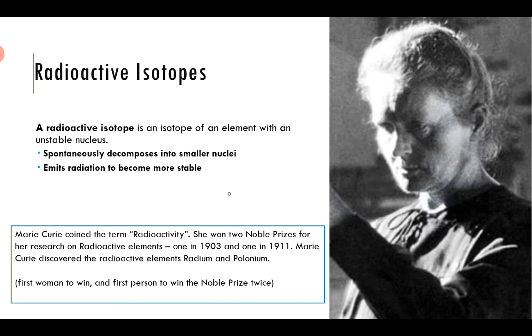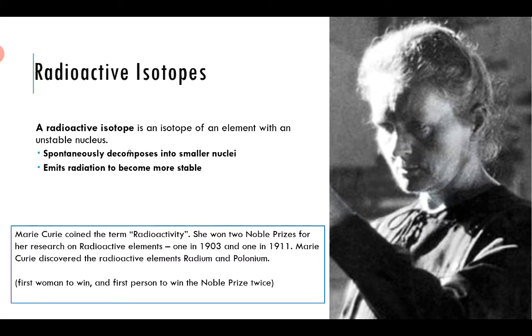She has a Nobel Prize in physics and a Nobel Prize in chemistry. Her research on radioactive elements gives rise to a lot of what we know today. She was one of the pioneers in the field, and she discovered radioactive elements, radium and polonium. Polonium was named after her native country, Poland.